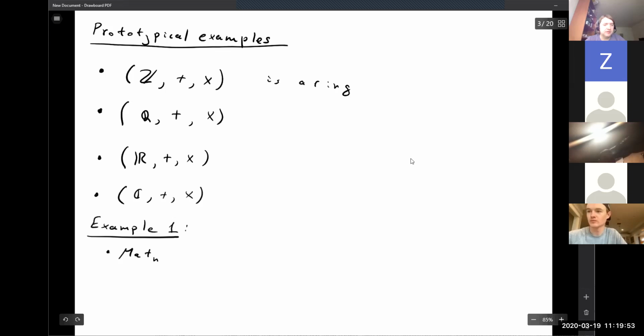If you look at the n by n matrices over the real numbers together with binary operation plus, which is addition of matrices, and binary operation times, which is multiplication of matrices, n by n matrices with real entries is a ring.